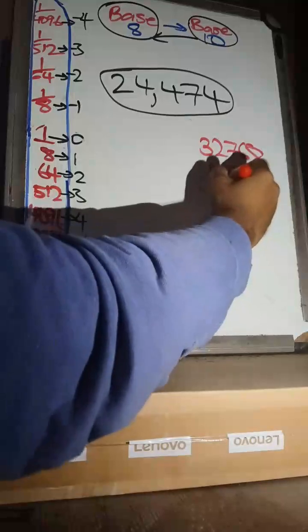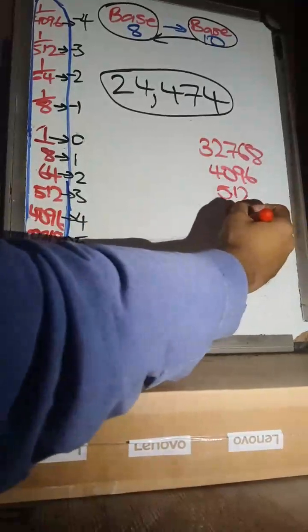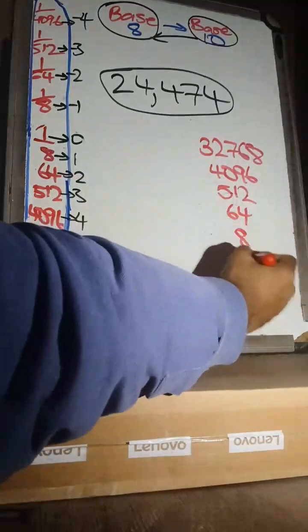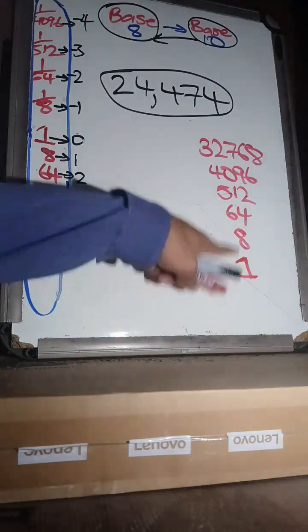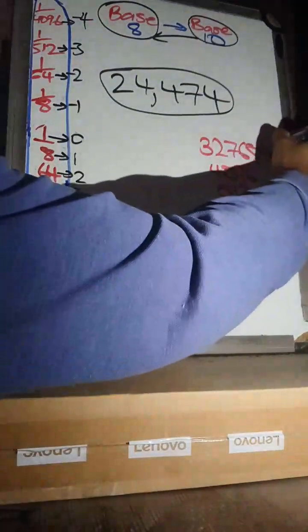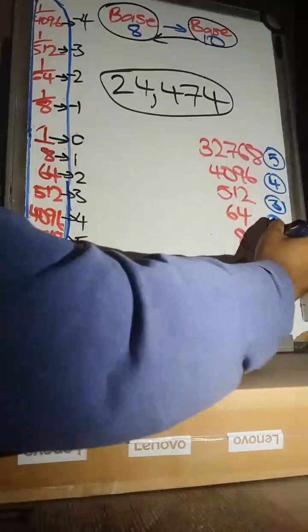Drop it to 512. Drop it to 64. Drop it to 8. And then drop it to 1. Alright? So let's see. 0, 1, 2, 3, 4, 5. So we have 5 here, 4 here, 3 here, 2 here, 1 here.